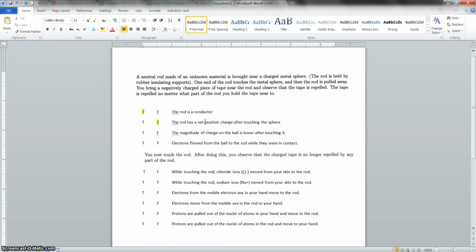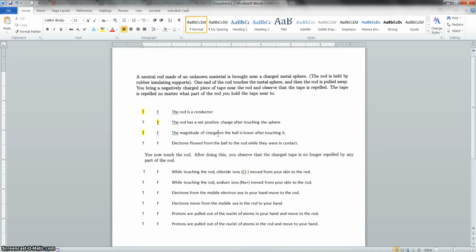So the answer to this question must be true, because the rod started out neutral, and now it has a net charge. Well, the charge on the rod had to come from somewhere, and so it was actually electrons, because this rod is a conductor, flowing from the metal sphere into the rod.